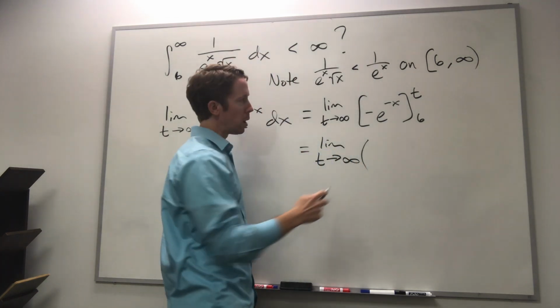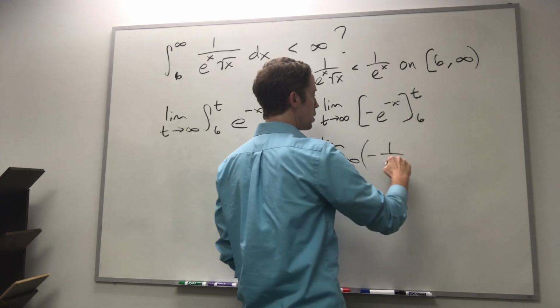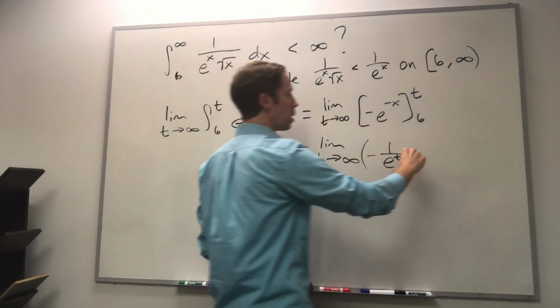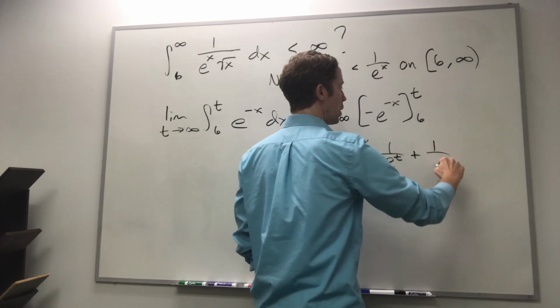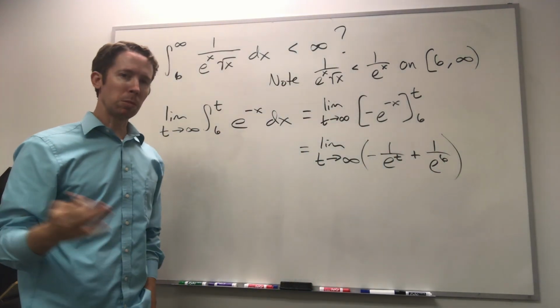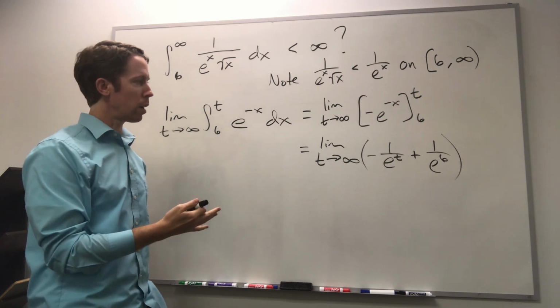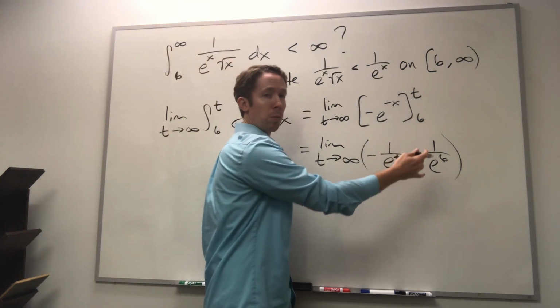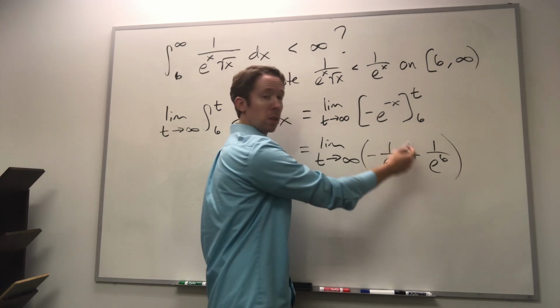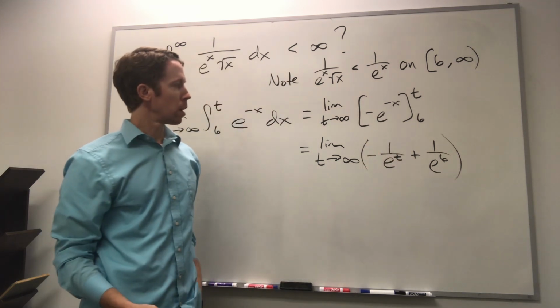Then when I plug in my bounds, I get negative 1 over e to the t minus negative, so plus 1 over e to the 6. Remember, I'm just trying to figure out if this is finite or not. This 1 over e to the 6 won't play a role as t goes to infinity. So I'm just thinking about what happens to this 1 over e to the t.